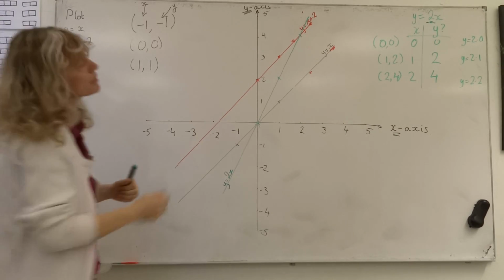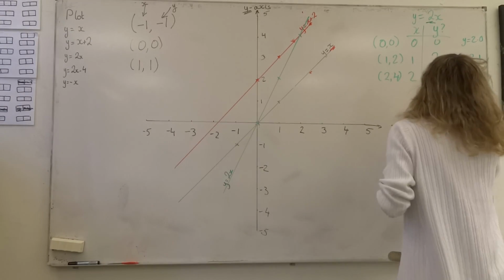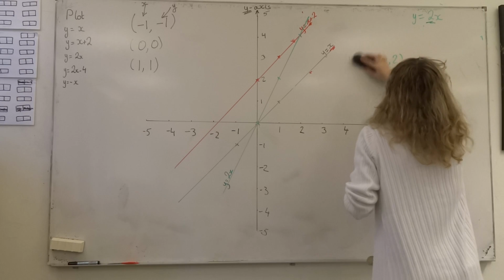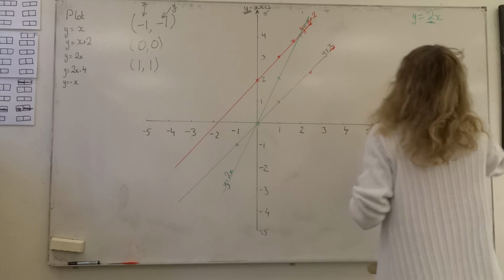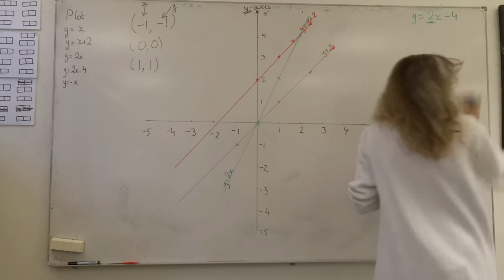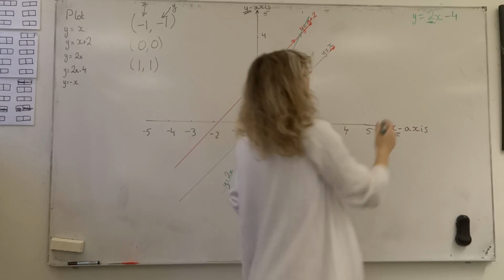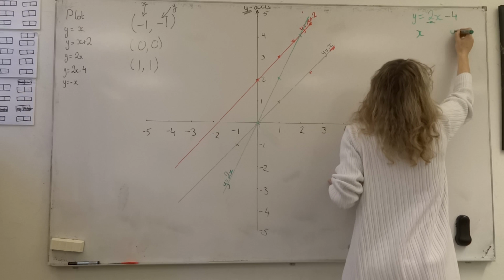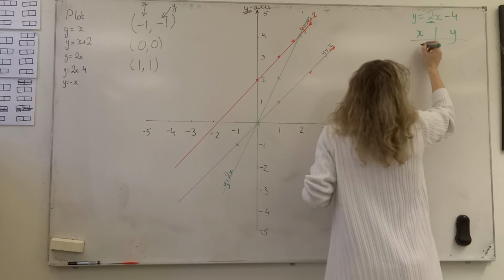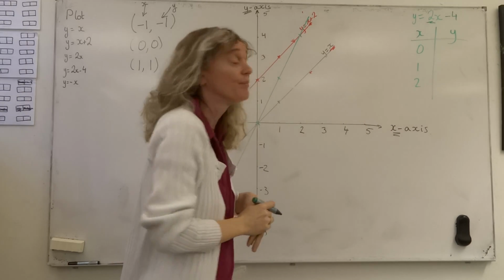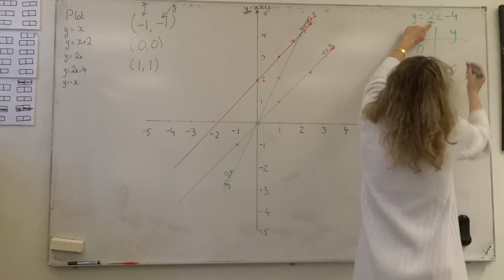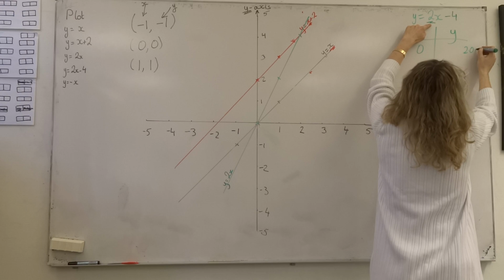Right, we'll plot the next equation in the same colour because it's a little bit related to y equals 2x. It's related by the equation y equals 2x minus 4. X coordinate and y coordinate as before. When x equals 0, 1 and 2, we'll take those because they're nice and easy. y equals 2 lots of 0, minus 4.